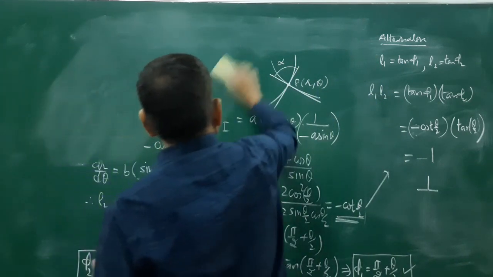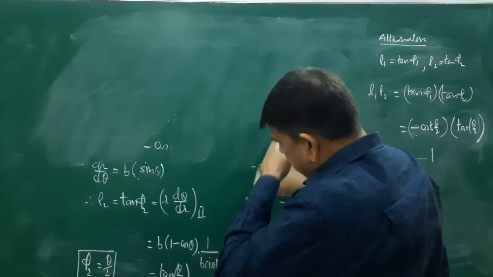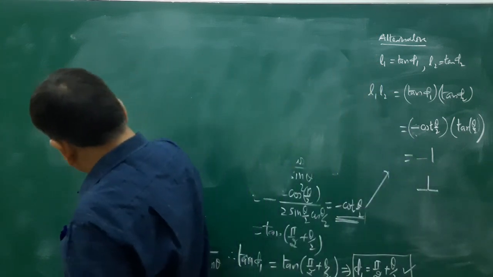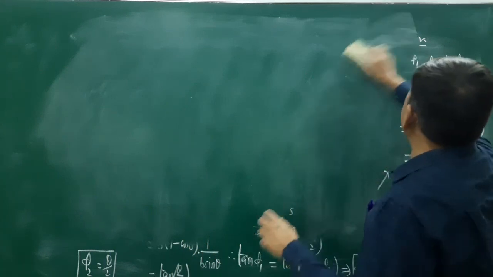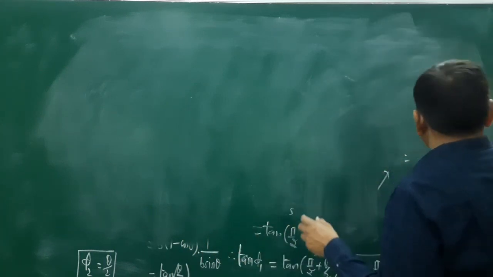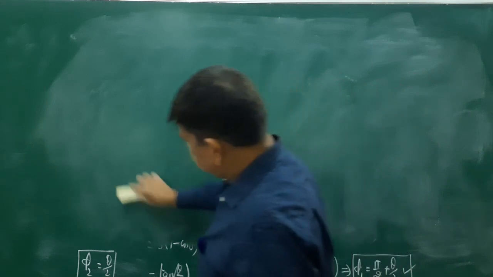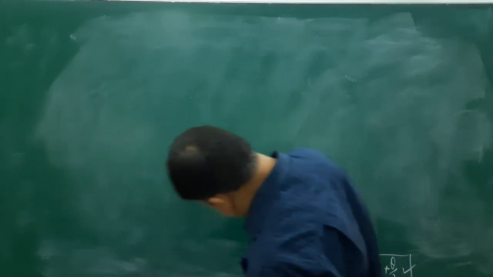Now we consider one particular part. That part we have done in Cartesian, but today we will consider it for polar curves.